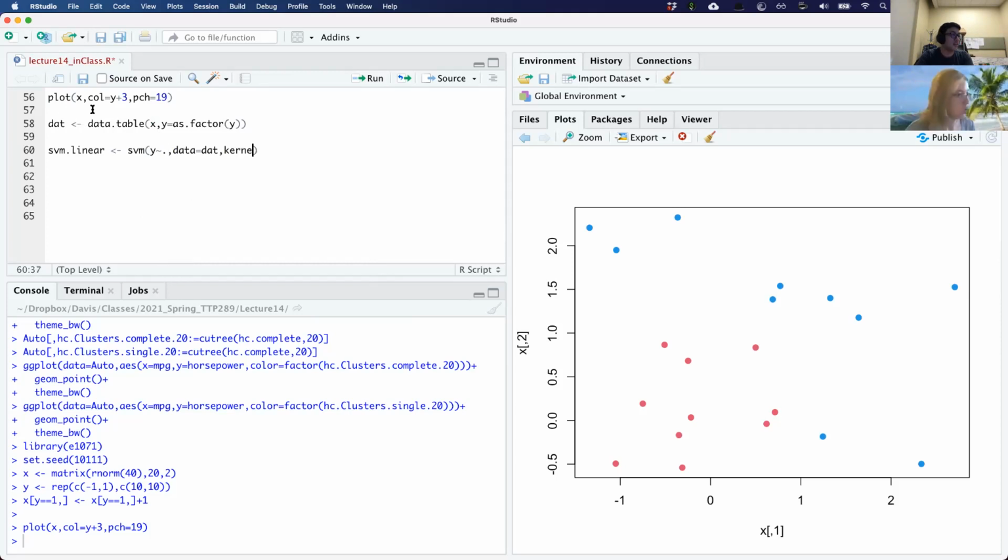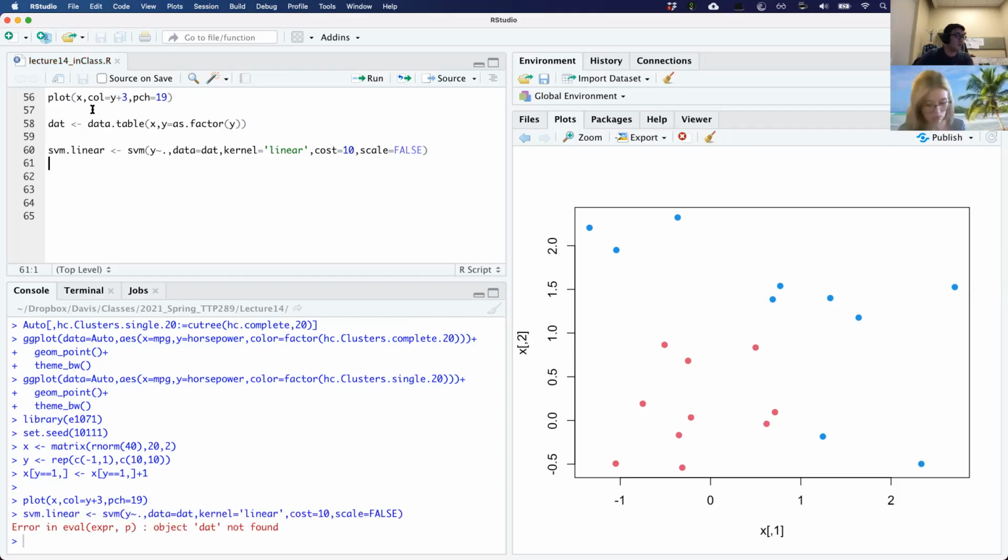And I'm going to add in a kernel, like I was saying, linear. I can put in the cost, which is my C variable. That's the slack. So it's going to allow it to get up to a total of 10 violations if it wants. So I'll run this.